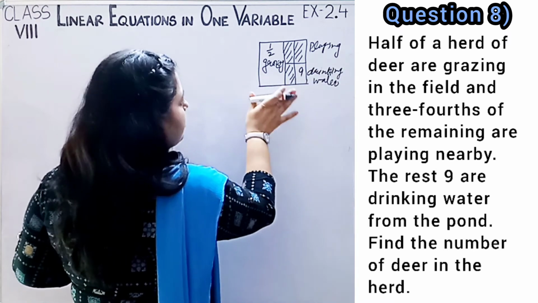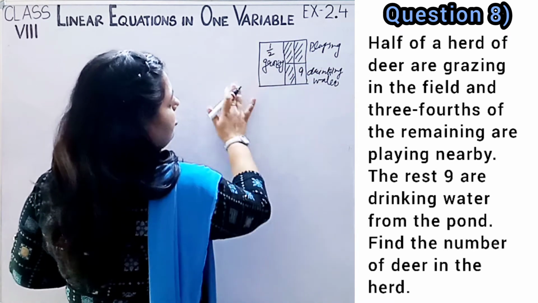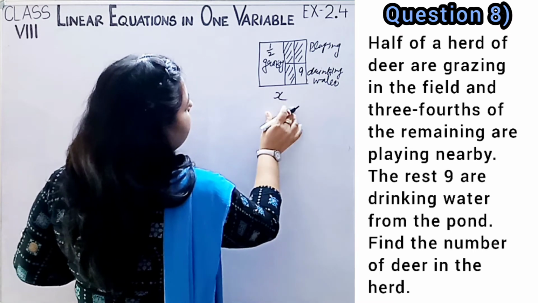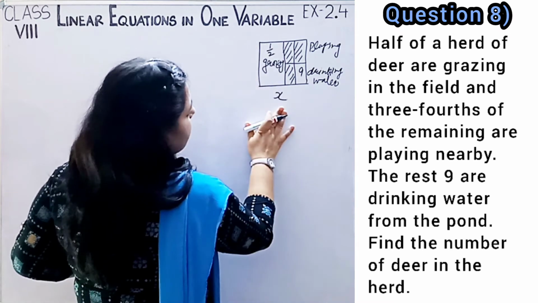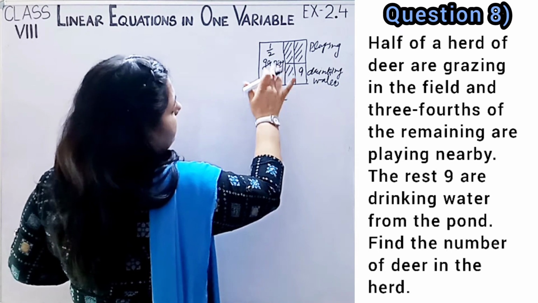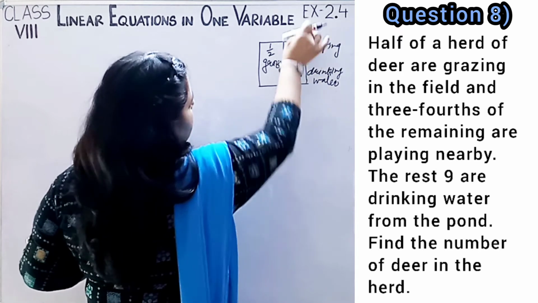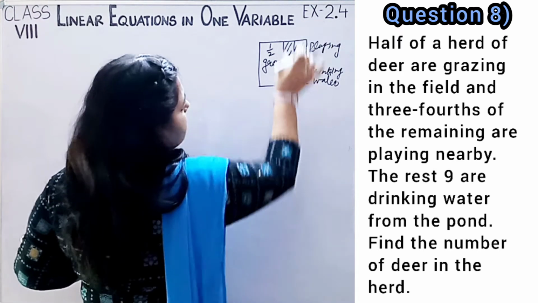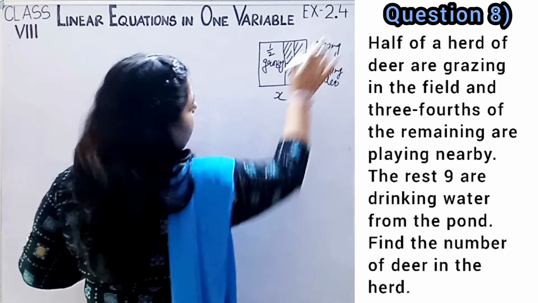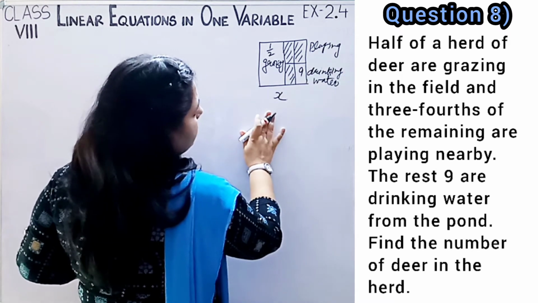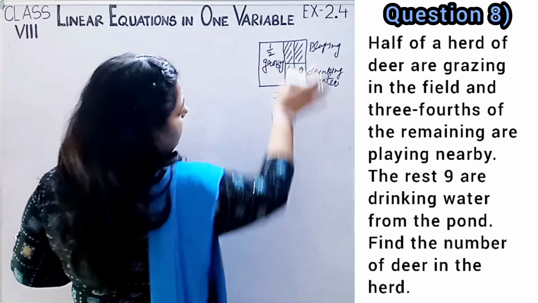So let the total number of deer of this herd be x. It means half of this x are grazing. Remaining, it means this half, 3/4 of this half are playing and 9 are drinking water. So coming to this part.